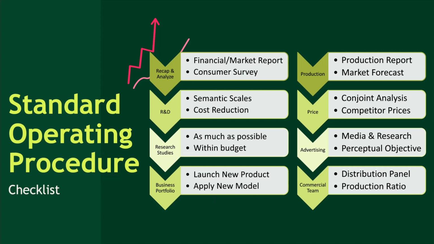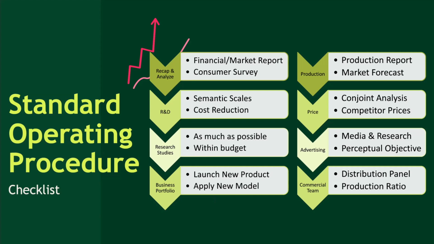We need to decide on our business portfolio, like launching new products or applying new models to our existing products. We have to set the production amount, which can be decided by reading through the production report and market forecast.